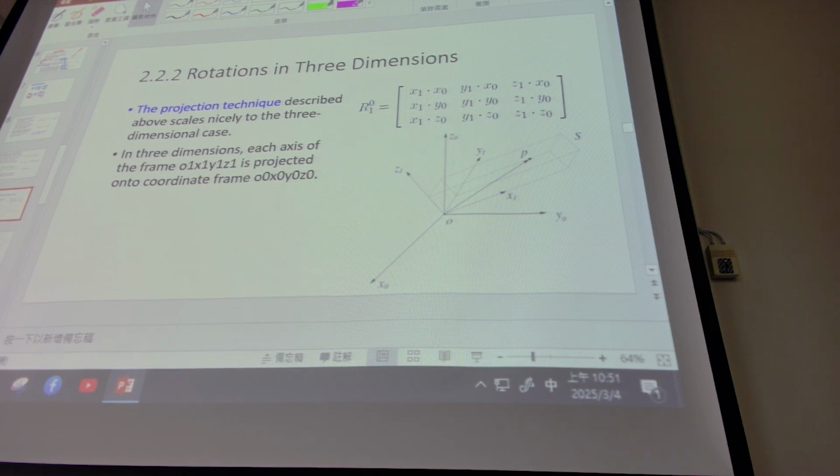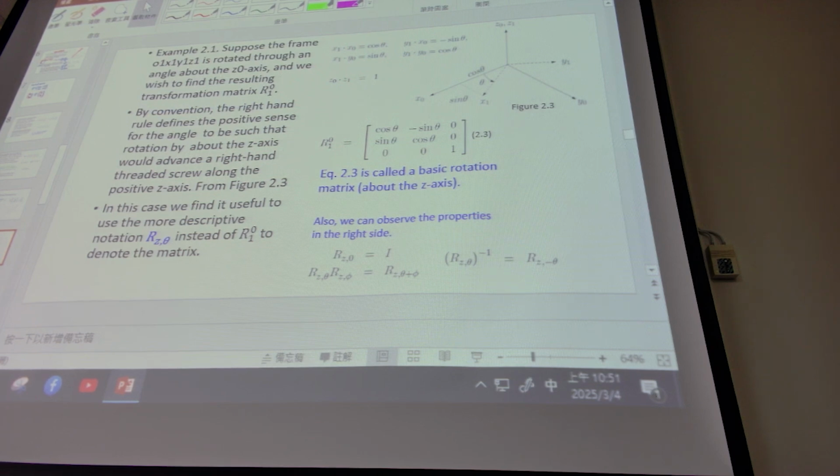This is the very fundamental concept. Over here we go into more detail, because chapter 2 later on will be more systematic, but here we still need to build up some very basic concepts. For example, when we do the rotation in space, you need to define which axis you want to rotate.